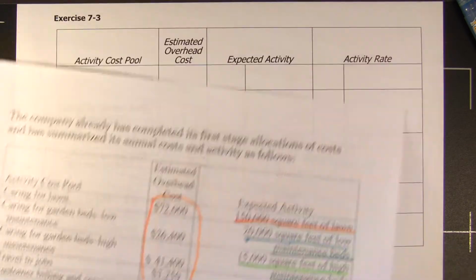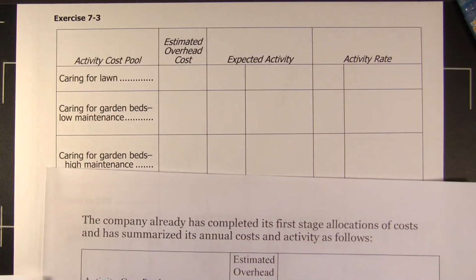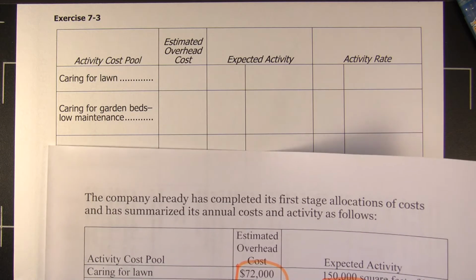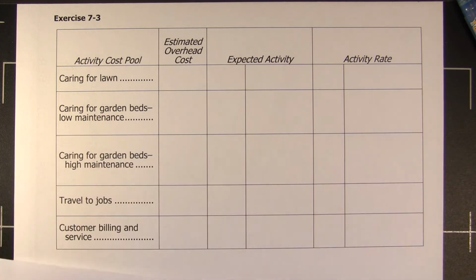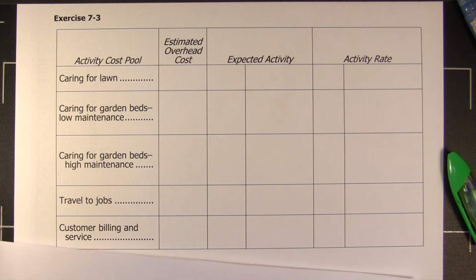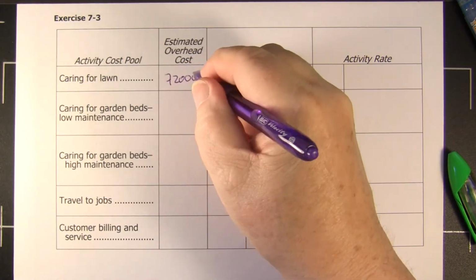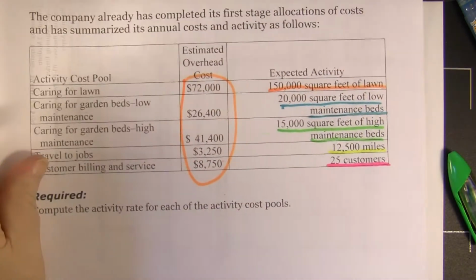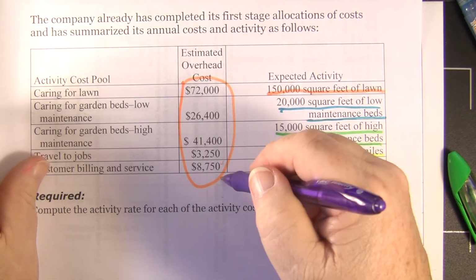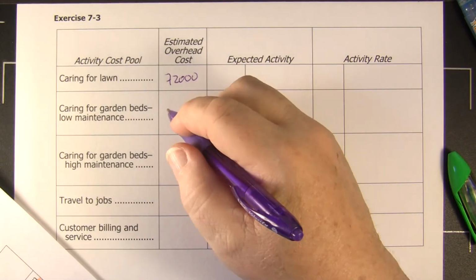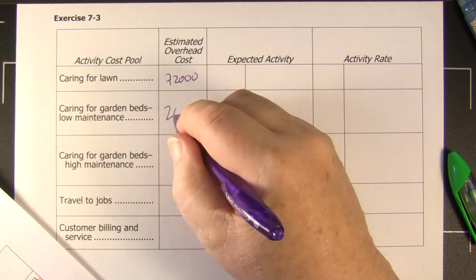So let's take a look and figure this out. The caring for lawn, the overhead cost was $72,000. I'm just going to copy down these numbers here so that I don't have to flip back and forth like I did on the last problem.